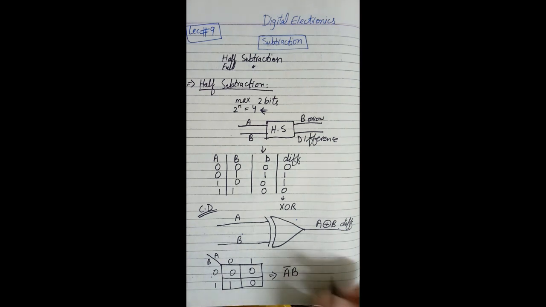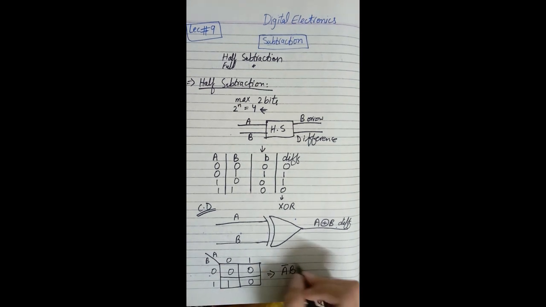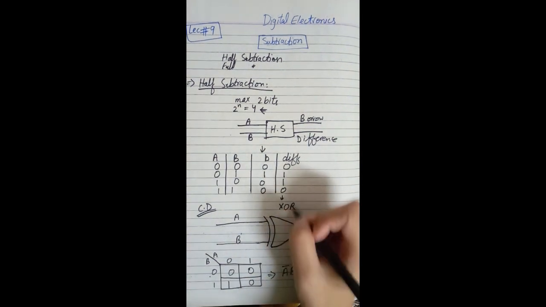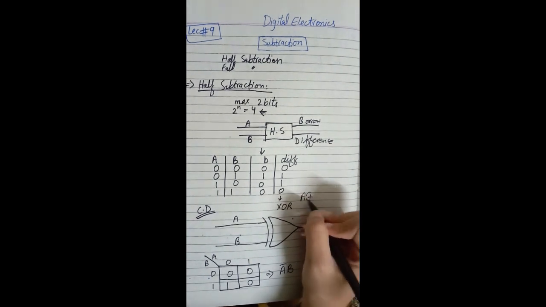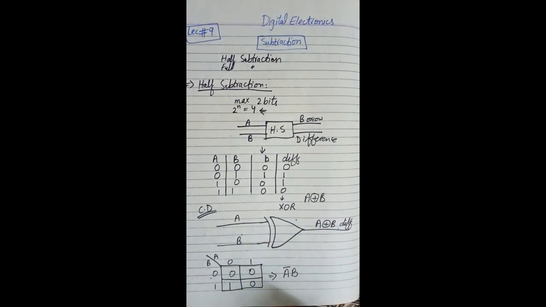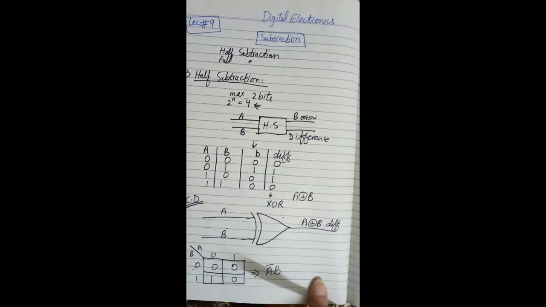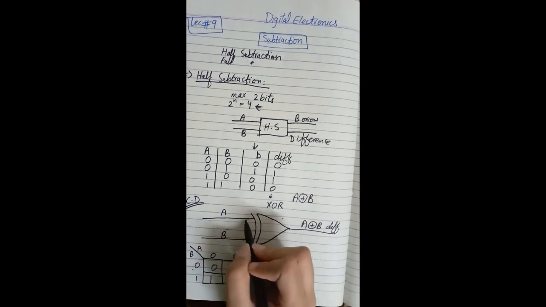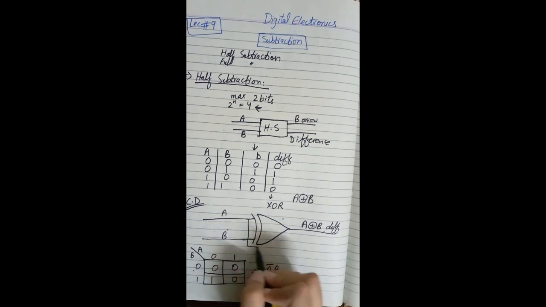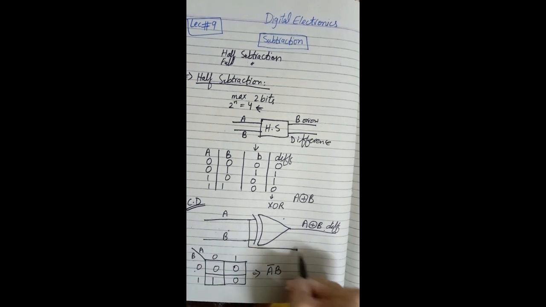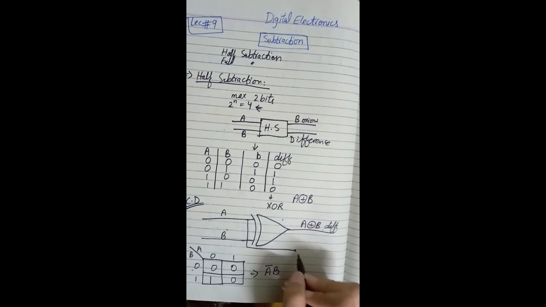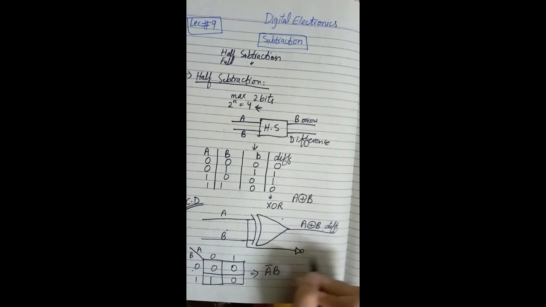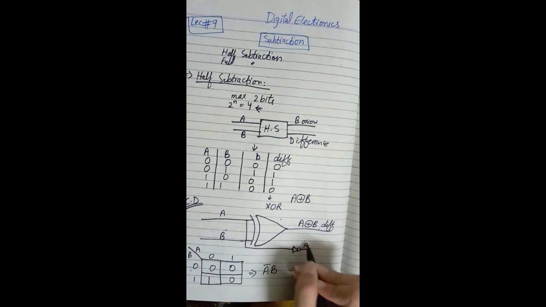We draw the K map just to get the logic expression. For the difference, as we can see, this is the XOR gate A XOR B, so there is no need to draw the K map for it. Now to draw A bar B, we have A and we take a bar from it with our NOT gate, which gives us A bar.